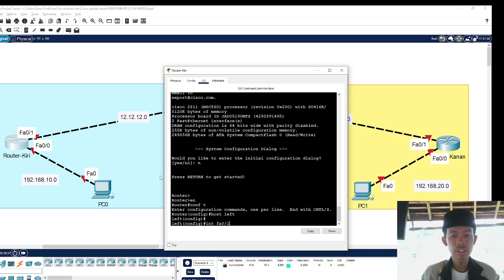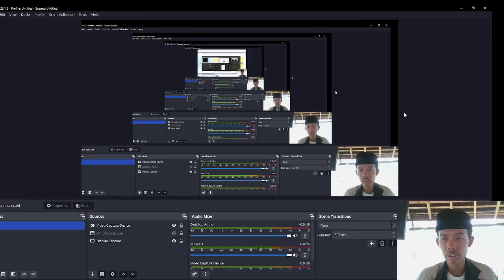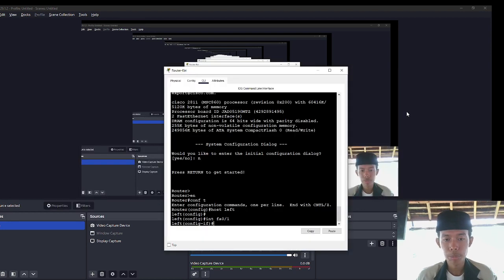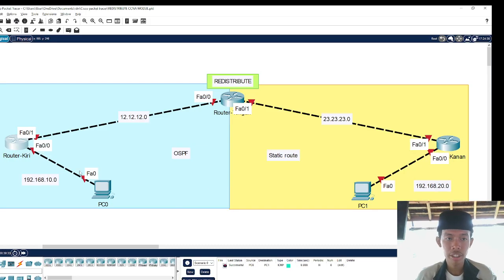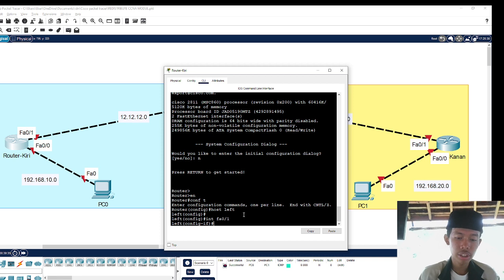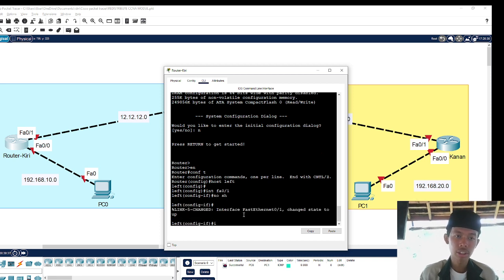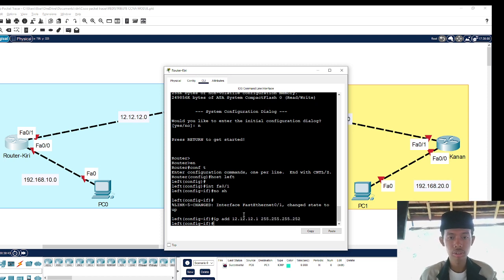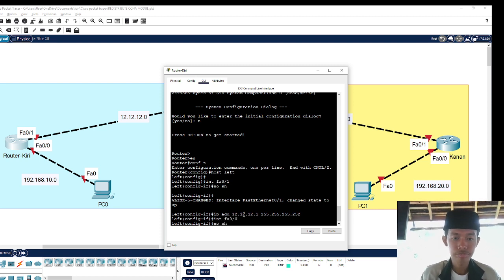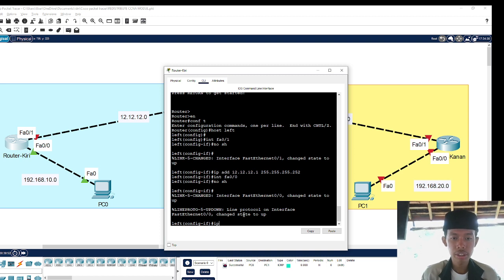Interface FA0/1, no shutdown of course, and give the IP. The same thing with FA0/0: give the IP as 192.168.10.1.